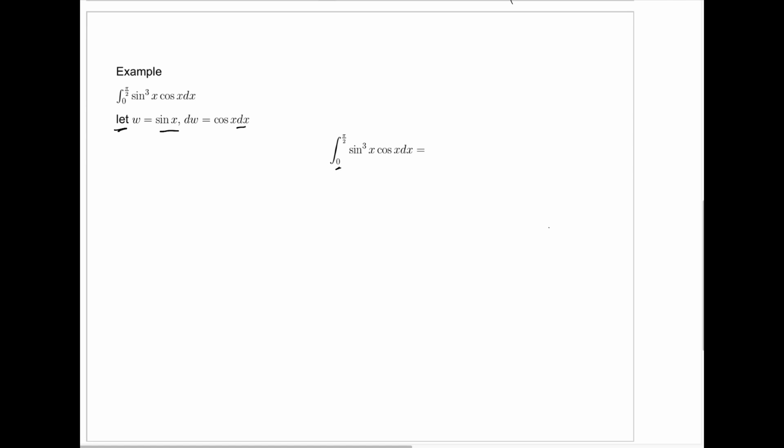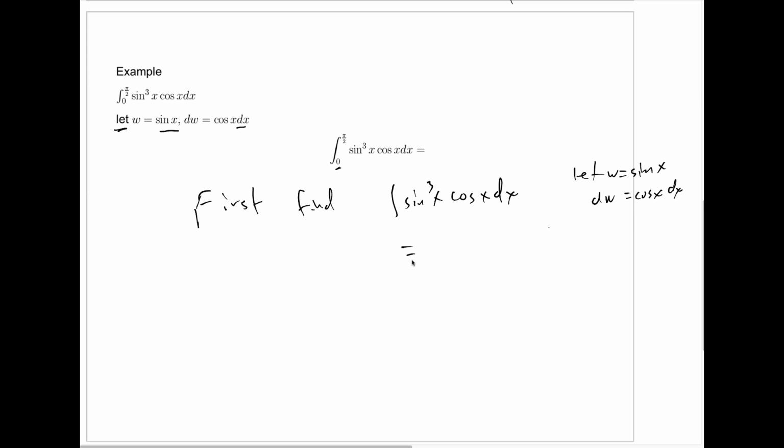Use words like first, find the integral of sine cubed x cosine x dx. Let w be sine x. dw is cosine x dx. This indefinite integral is now an integral of w cubed dw, which is w to the fourth over 4. Don't forget the plus c because it's an indefinite integral.